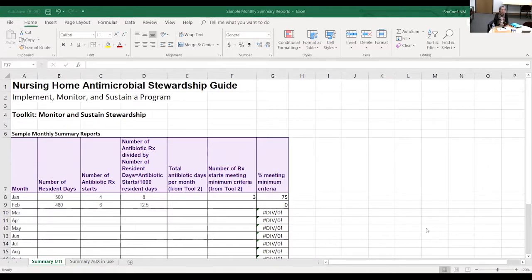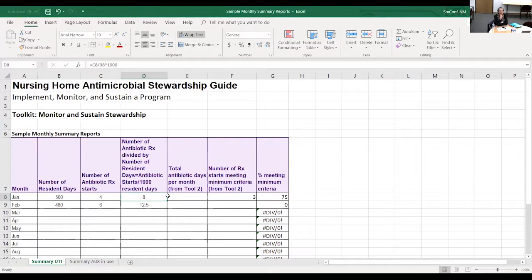And then if you click on that 8, Andy, okay, look at the formula up in the formula bar. You put in C8 over B8 times 1,000, and I get 8. So this is 8 antibiotic starts per 1,000 resident days.